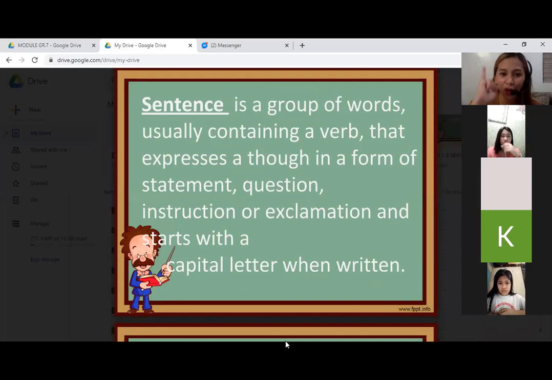A sentence always begins with a capital letter. Okay, a sentence can be a statement, can be an instruction, and can be a question and exclamation. So always remember na it starts with a capital letter. Sige, later on we will discuss more about the sentence.